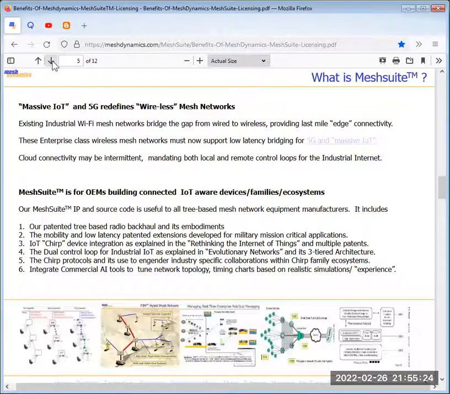So MeshSuite is essentially a body of software and intellectual property that has been developed over the last 20 years. And essentially, it's trying to build a framework so that you can have things like chirp protocols, and you can quickly integrate commercial AI tools for network topology, etc., based on what this body of work has been working on.